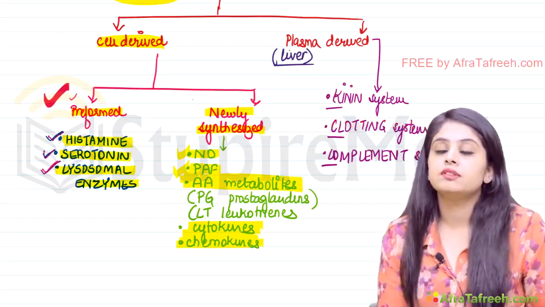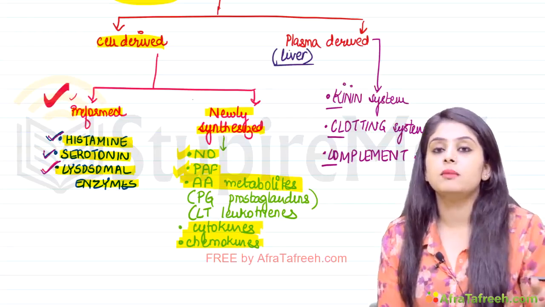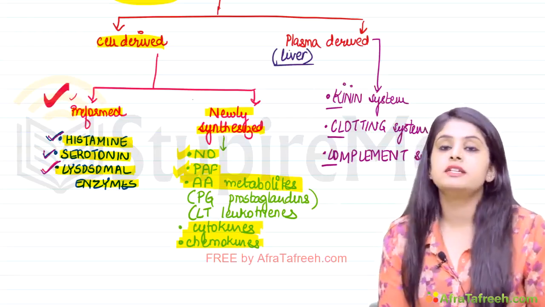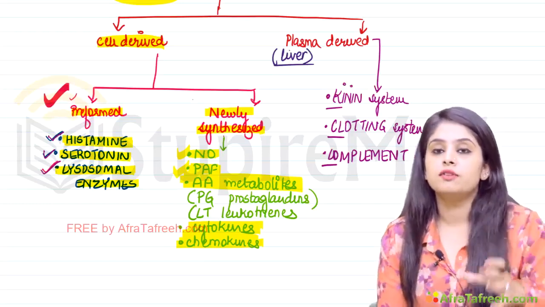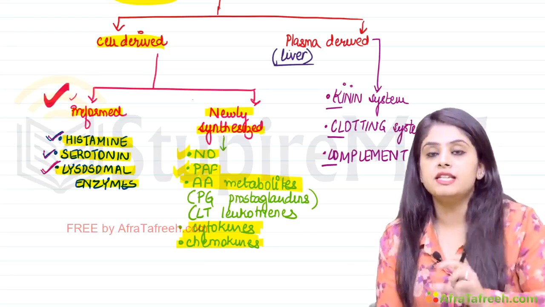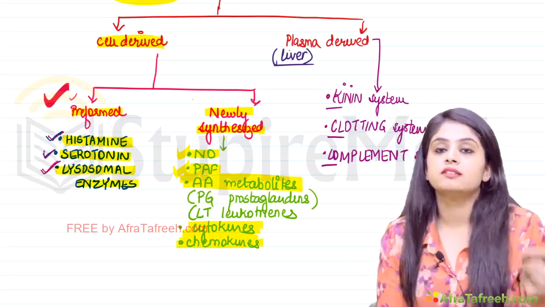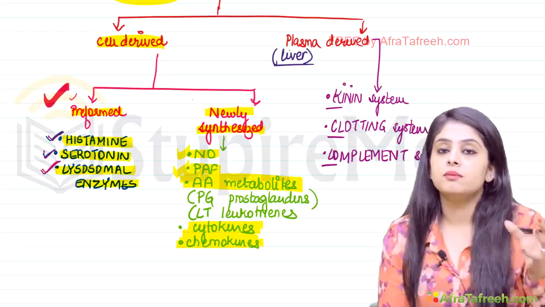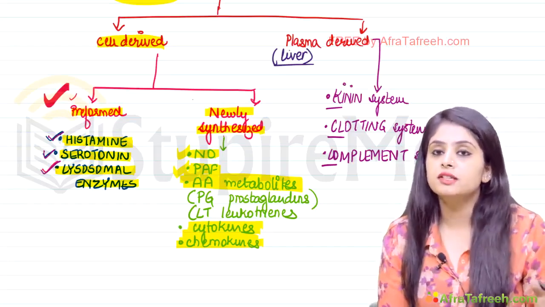Another very important cytokine was interferon gamma. Interferon gamma, G for gamma, is responsible for granuloma formation. And lastly, we did chemokines, which were falling under 4 categories, of which there was a combination of cysteine and amino acids. And we did 2 receptors for chemokines, that is CXCR4 and CCR5, which are important co-receptors for the binding of human immunodeficiency virus.